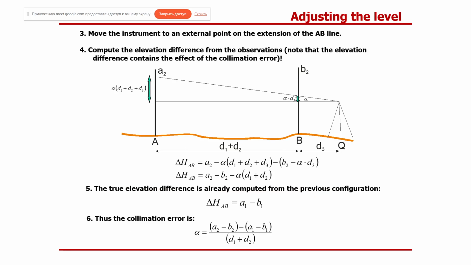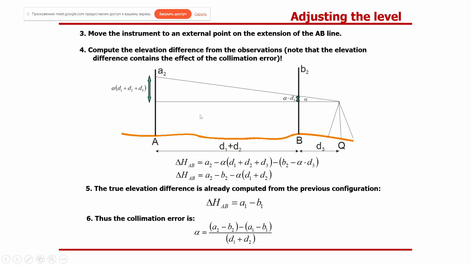Then we should move the instrument to an external point on the extension of the AB line. Here you can see. And then compute the elevation difference from the observations. Note that the elevation difference contains the effect of the collimation error.